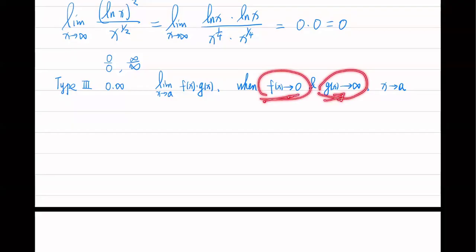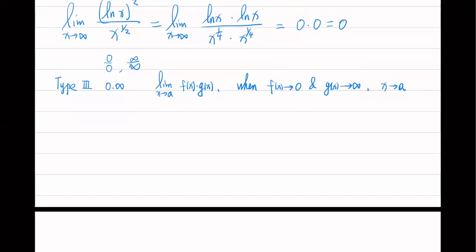So we want to see the competition, which one wins. If this goes to 0 much faster, then the overall will be 0. If it goes to infinity much faster, the overall will be infinity. So who wins? Or maybe there's a balance, we get a number.